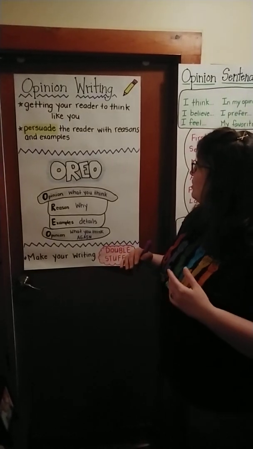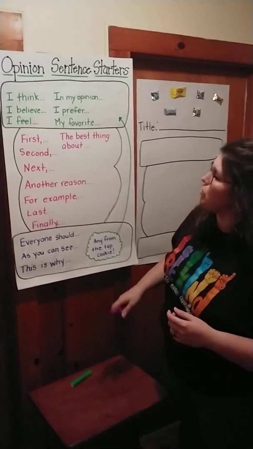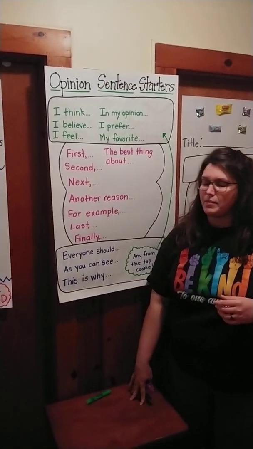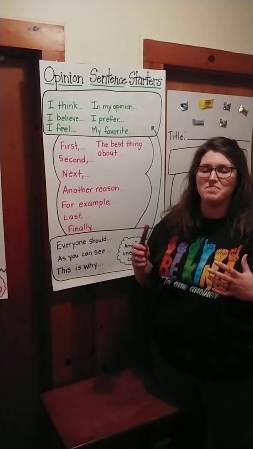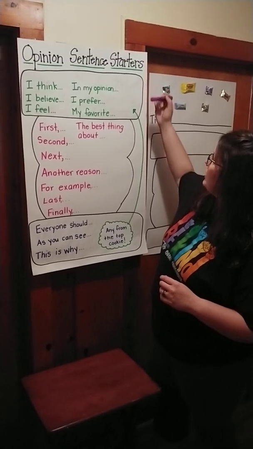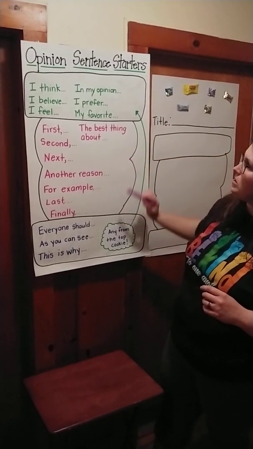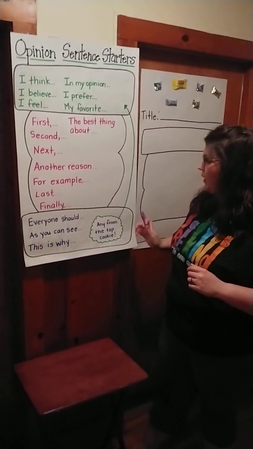So what I want us to do today is focus on some sentence starters, because sometimes when we're writing, it's hard to come up with ways of how we need to start our sentences. So I went ahead and broke my paper down into the three parts. So my cookie on top and my cream, and then my cookie on the bottom.